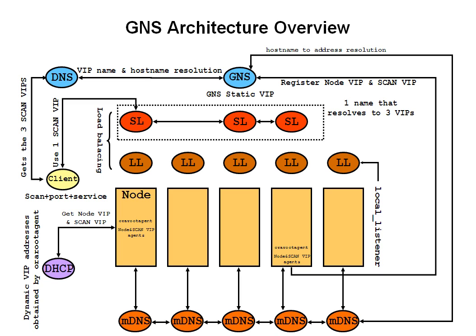That scan listener is then responsible to redirect the connection to the least loaded node that runs the requested service via its local listener. Scan listeners obtain their load balancing information from the database instances, which have their remote_listener initialization parameter pointing to the scan listeners.